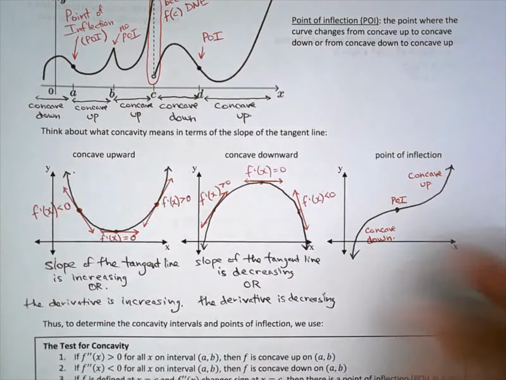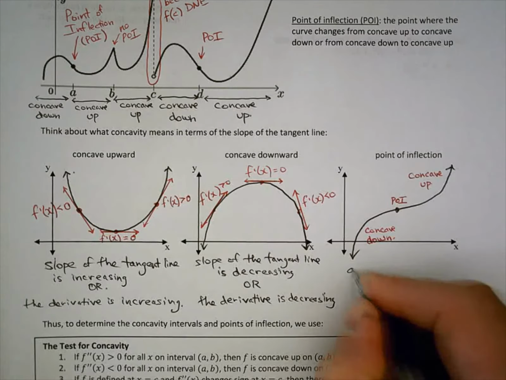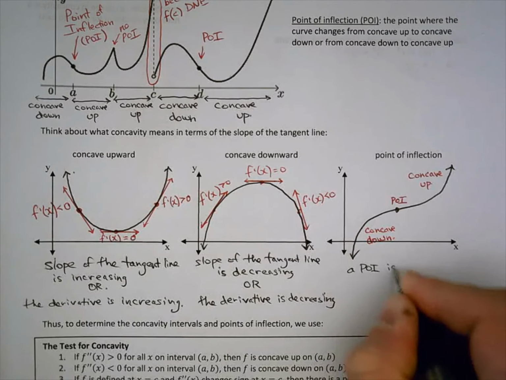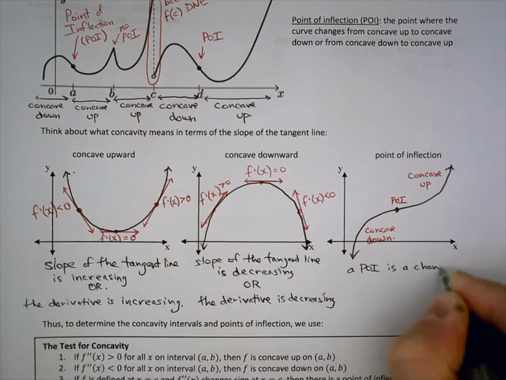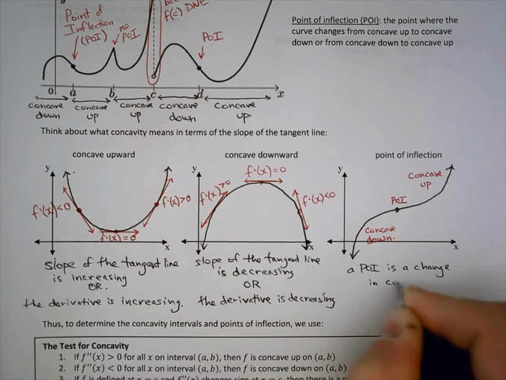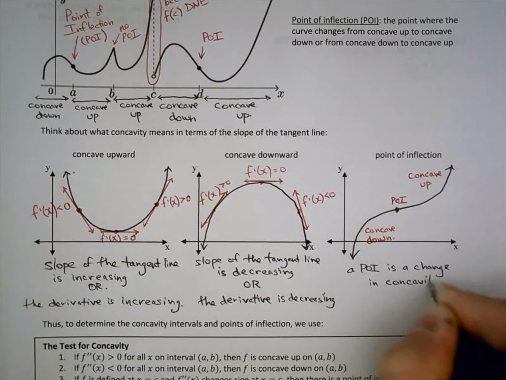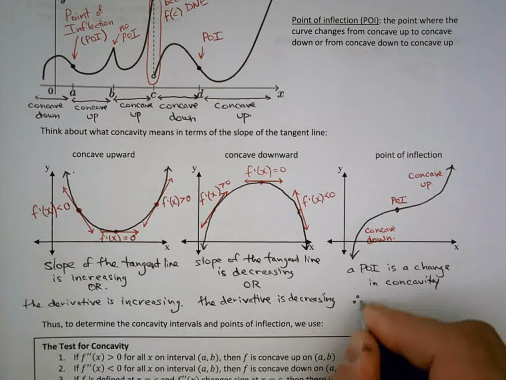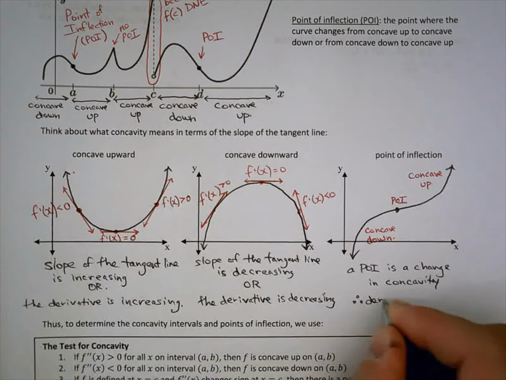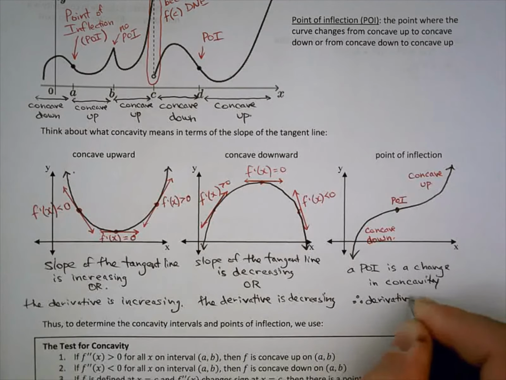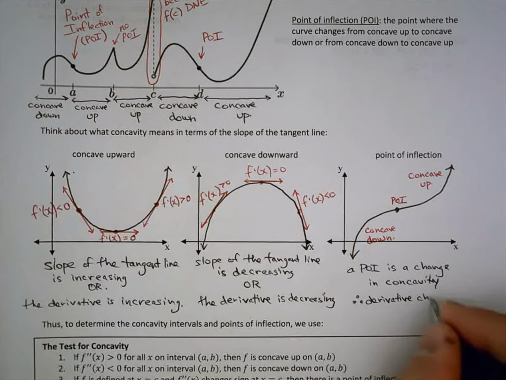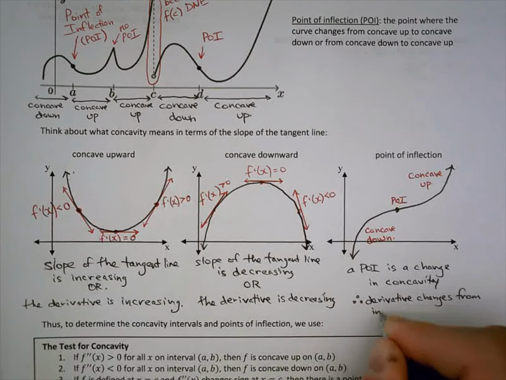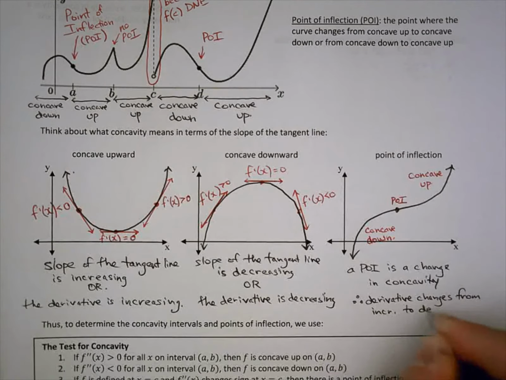So a POI is a change in concavity. Therefore, the derivative changes from increasing to decreasing, or vice versa.